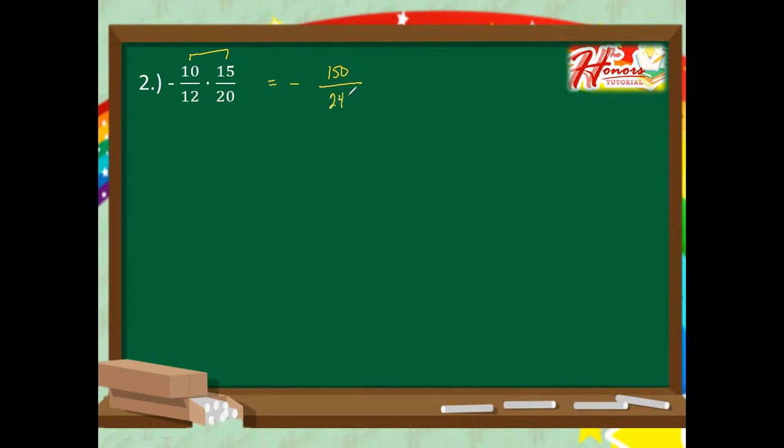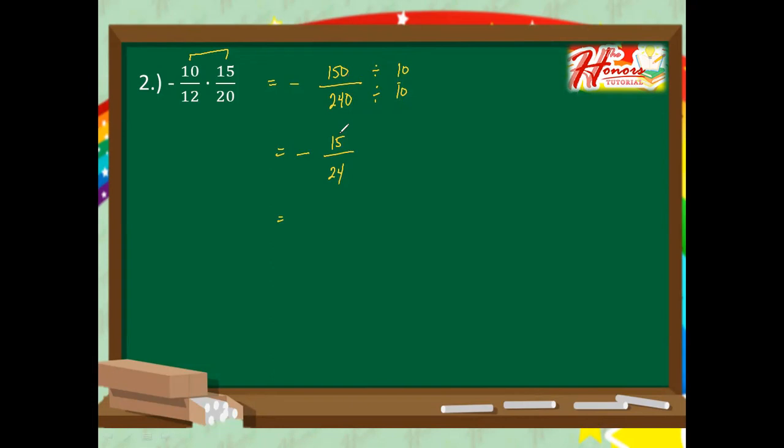This is not the final answer because there's a number that can divide this. Just copy the negative sign later. You can divide it by 10. Copy the negative sign. 150 divided by 10, so that's 15. 240 divided by 10, that's 24. Then think of a number that can divide 15 and 24 at the same time without remainder.